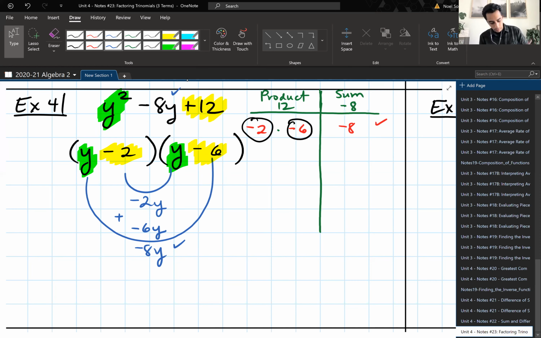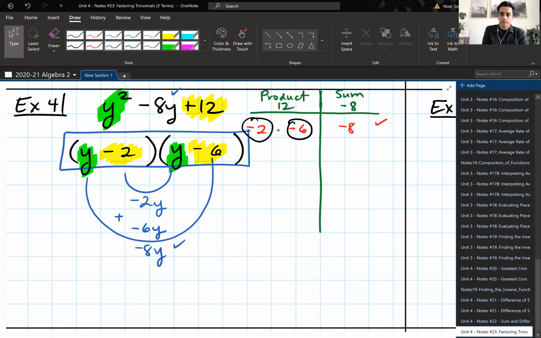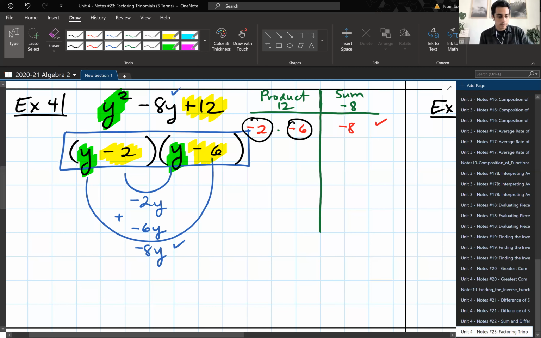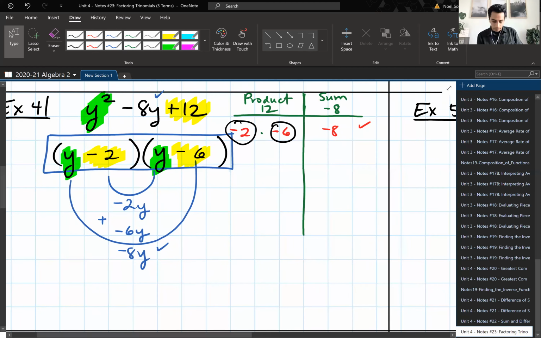That checks out. That's what we want. So this is my factored form of the polynomial. Any questions so far on example 4? All right, good. Cool.